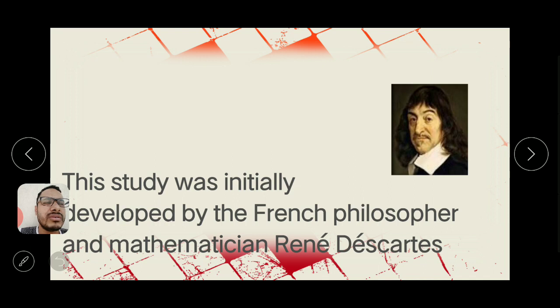I want you all to go through that NCERT chapter on coordinate geometry, and you'll understand how he got the ideas of finding coordinates, and how this chapter came into picture.